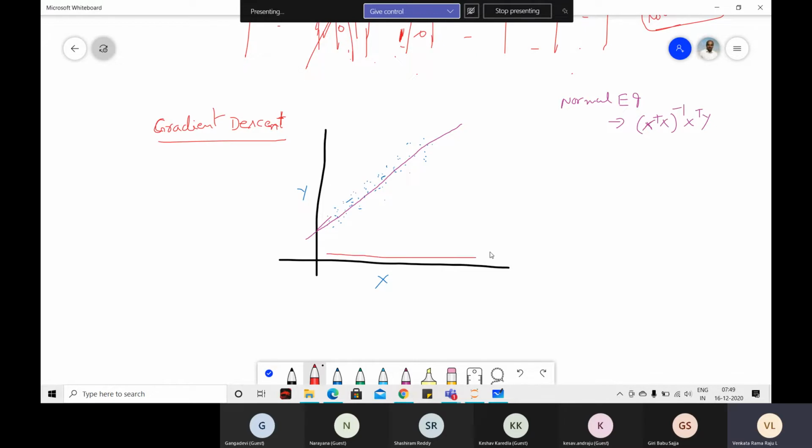When I say randomly drawing a line, what is it doing in the mathematical equation? Here, when you substitute x and y, we got an equation like y cap is equal to 10x plus 5, maybe. But in gradient descent, the algorithm, the solver, we call normal equation and gradient descent solvers.